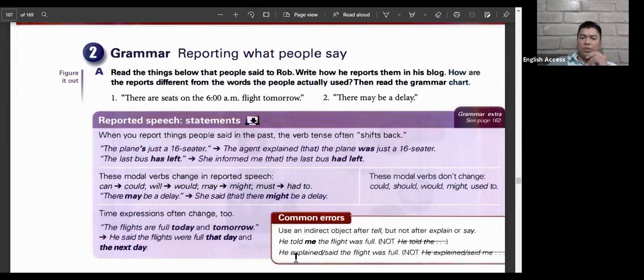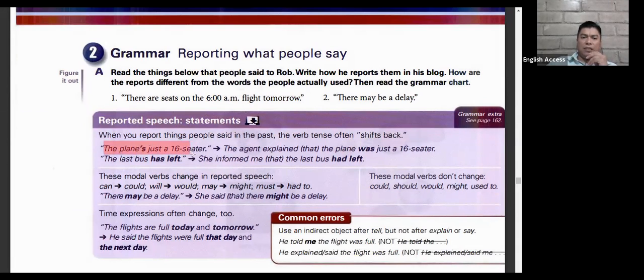So if a person tells you something like, "The plane's just a 16-seater," and then you mention it to somebody else, your friend or your mother or your teacher, who said this? Who made this comment?